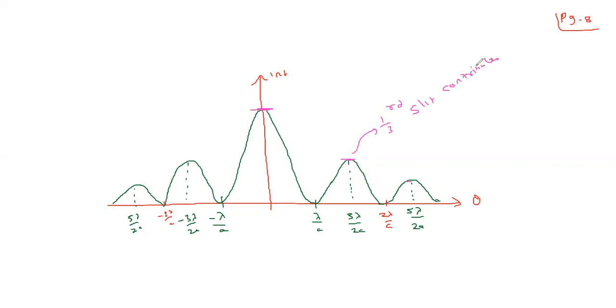Out of a full slit, only 1/3 contributes intensity. Here, what happened? Only 1/5 of the slit contributes intensity. Therefore, brightness decreases. Is it clear? Thank you.